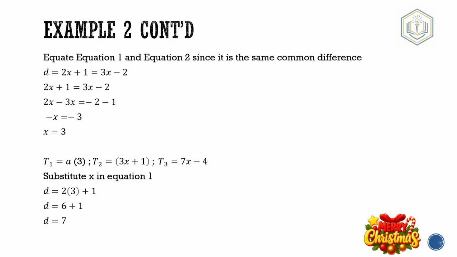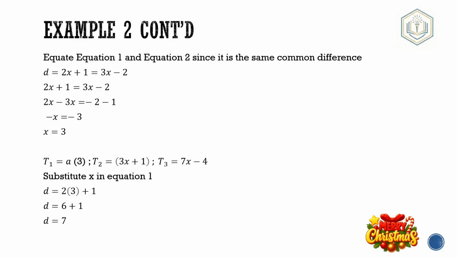If you move 3x to the left hand side, and you move plus 1 to the right hand side, you have 2x minus 3x equals minus 2 minus 1. So if you take away 3x from 2x, you're still going to have a deficit of x, which is minus x equals minus 3. The minus will cancel out, and we have x equals 3.